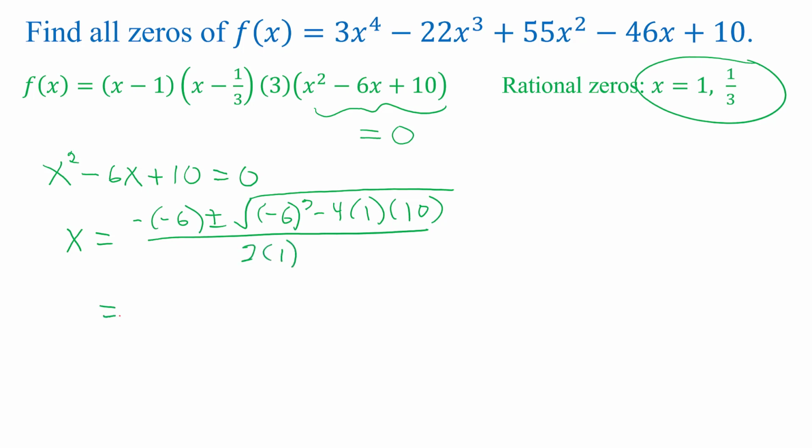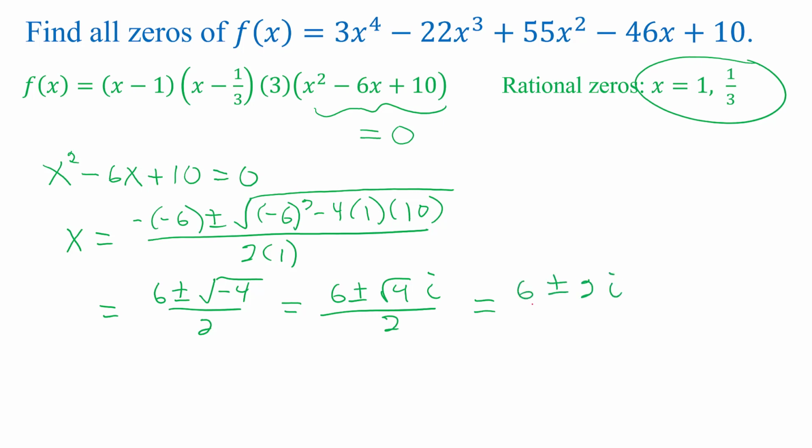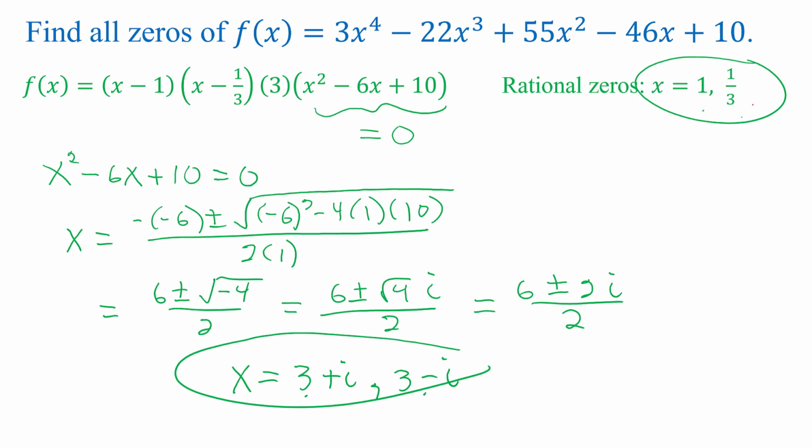We simplify to get 6 plus or minus square root of negative 4 over 2, or 6 plus or minus square root of 4i over 2. And that is the same as 6 plus or minus 2i over 2. And then finally, we will see that we have zeros of x equals 3 plus i and 3 minus i. So altogether we have 1, 2, 3, 4 zeros here, 2 real, 2 not real.